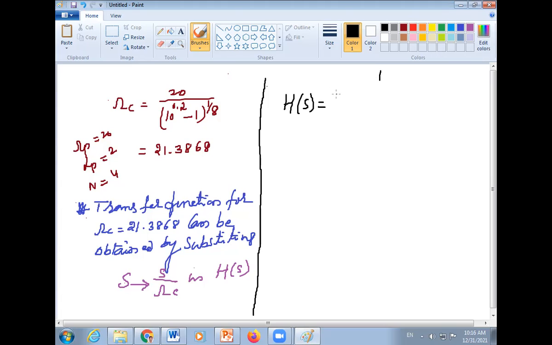So 1 divided by (s divided by 21.38) square plus 0.765 into s divided by 21.38 plus 1.